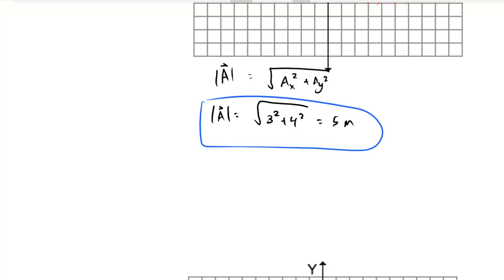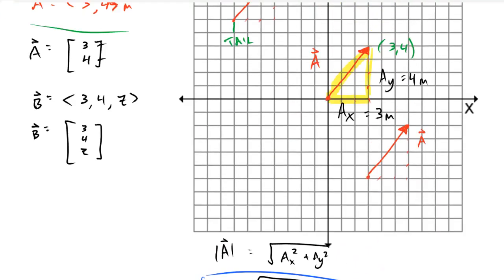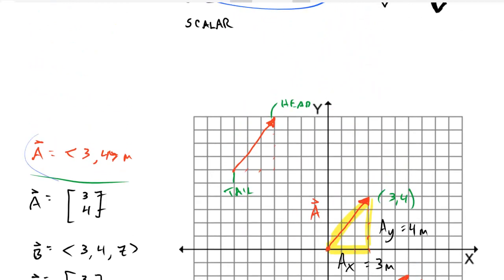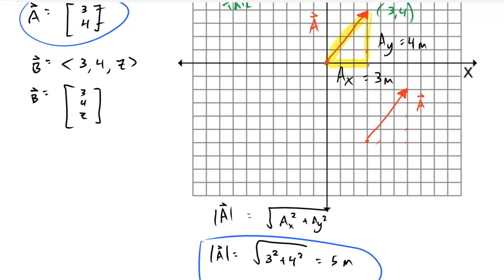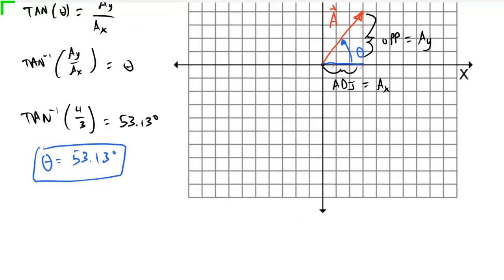So we can actually describe a vector. We don't have to describe it just the way we did up here, like this or like this. We can also describe it with a magnitude as well as an angle. And unless otherwise specified, that angle is assumed to be in standard position.